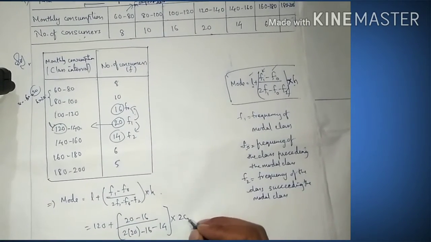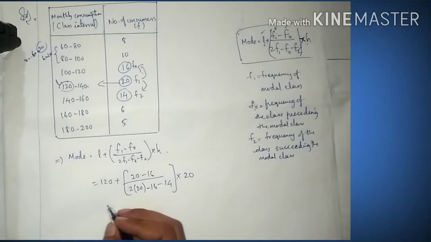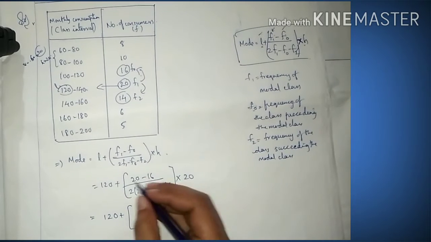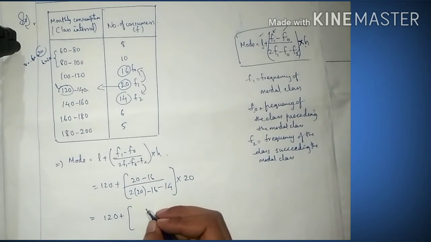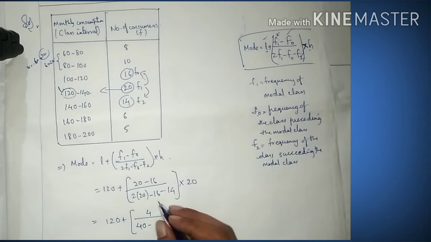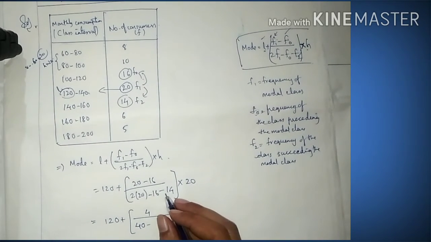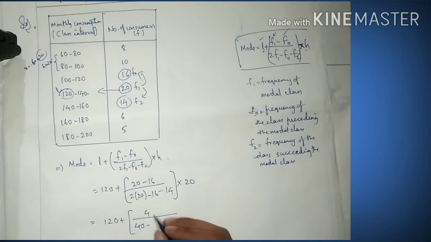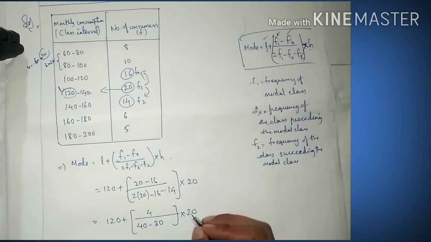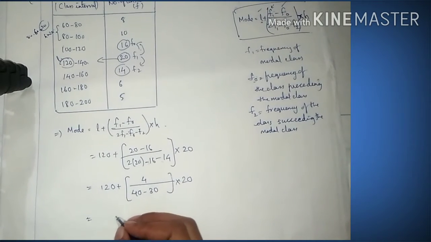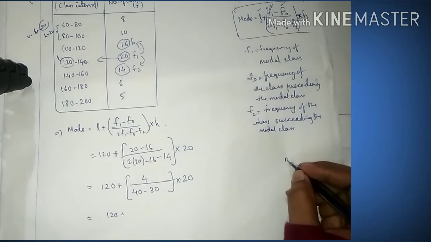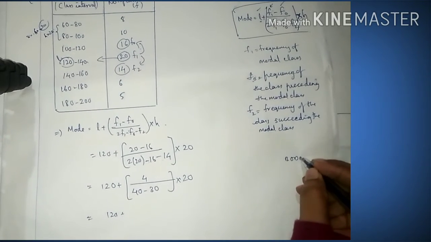Now first we will solve whatever is inside the bracket according to the BODMAS rule. 20 minus 16 is 4. 2 twenties are 40, minus 16, minus 14. These have the same signs, so we will add them and keep the greater number's sign, into 20.